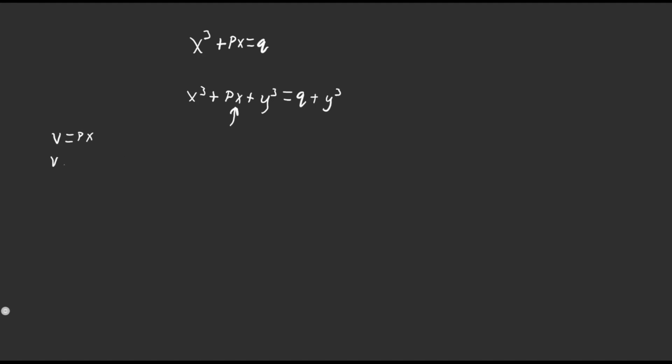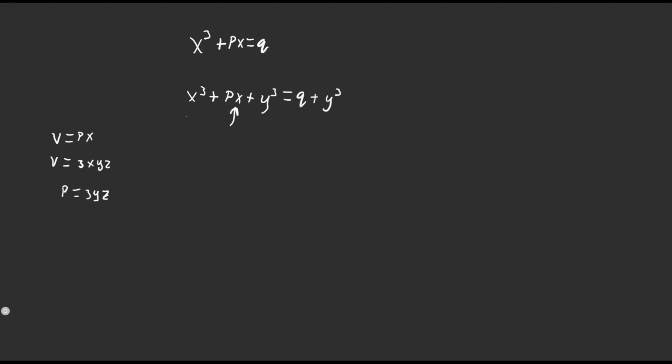We add y cubed, or any variable of your choice, and we express the x term, or px, as the volume of a rectangular prism. And we're also going to use a substitution where we have volume is equal to 3xyz. So now what we can do is solve for p by itself, where we will get p is equal to 3yz. So we'll just leave it like this for now.